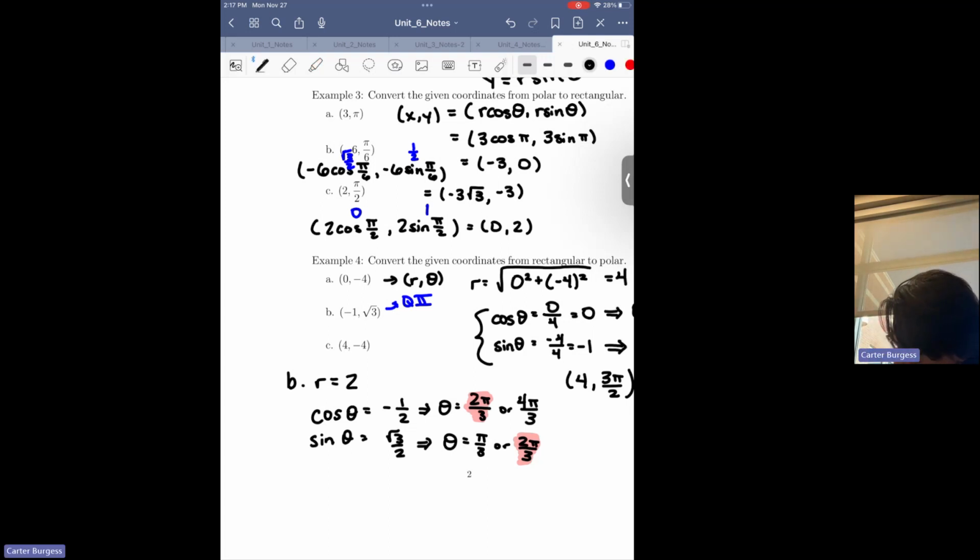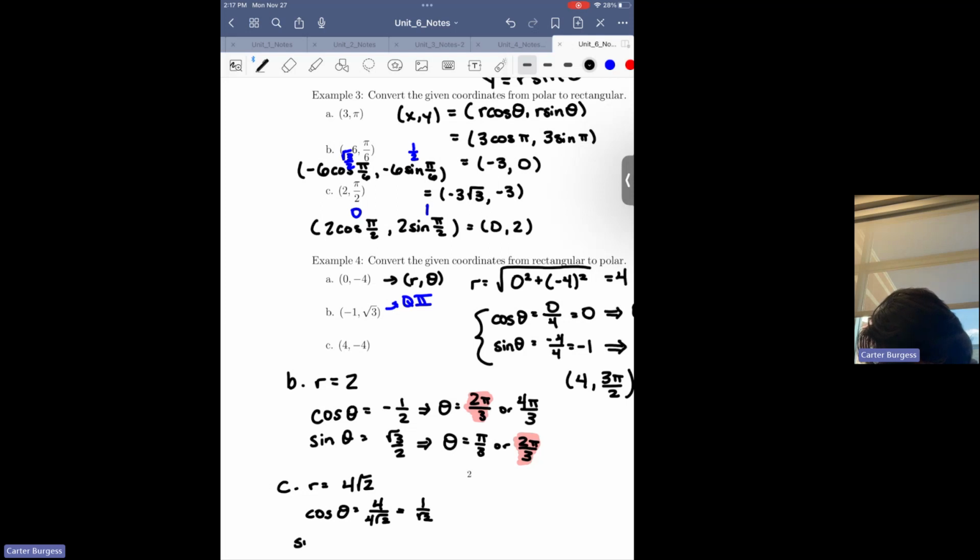And for C, what is the value of R that we get? 4√2, very good. And so the equations that I get: cosine of theta should be 4/4√2, which simplifies to 1/√2.